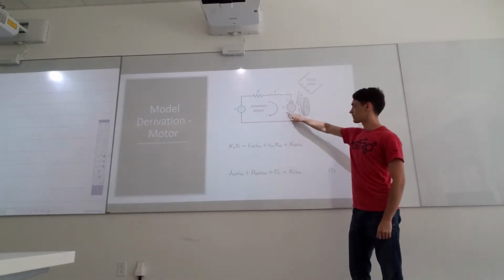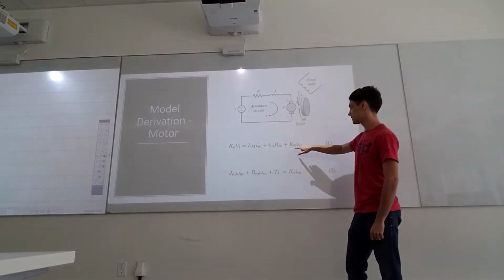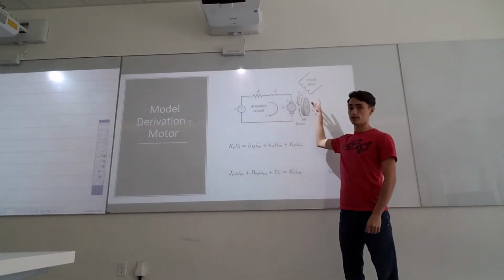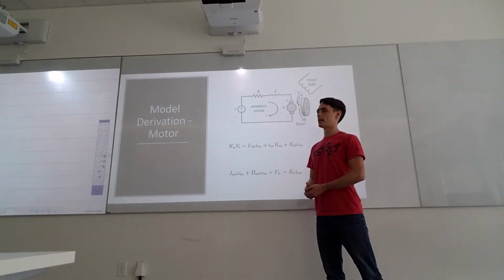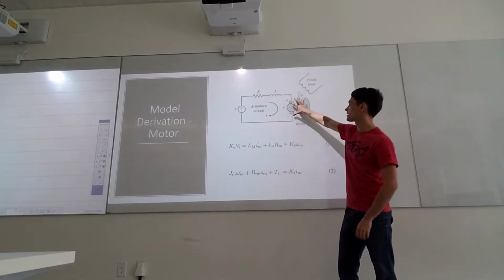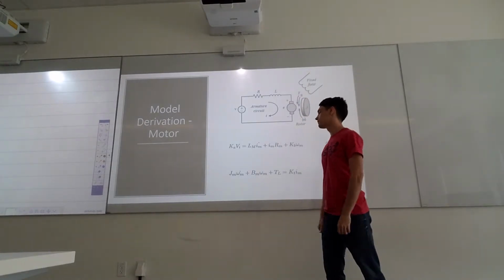And then for the voltage over the motor, we have some constant times the rotational velocity of the motor. And this constant will just convert the units so that we can look at this voltage in terms of how quickly the motor is spinning.